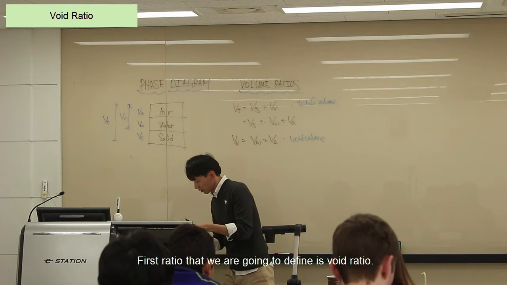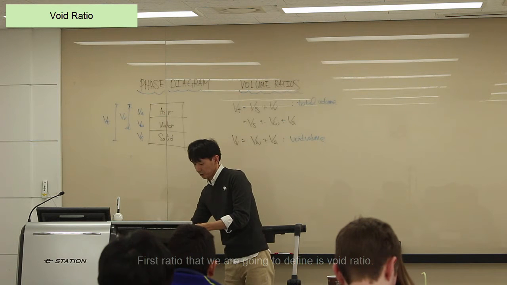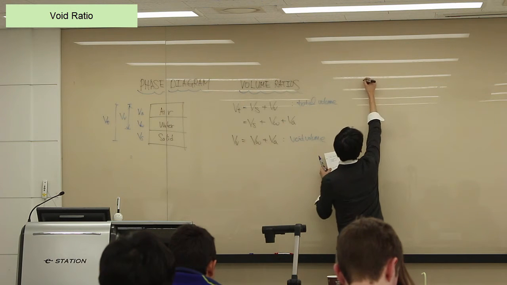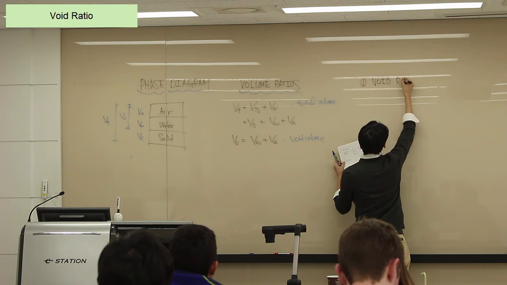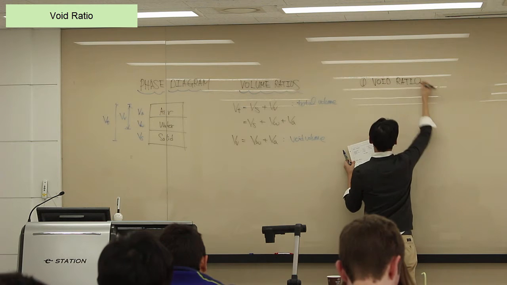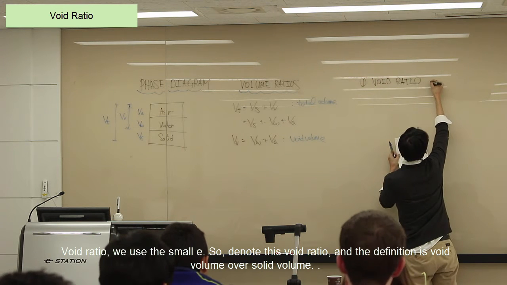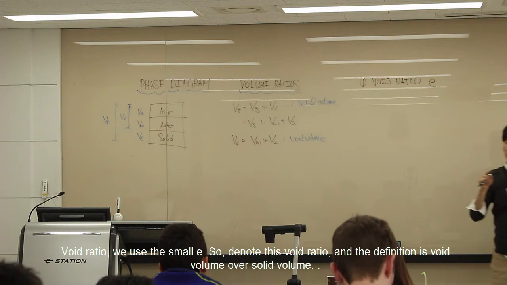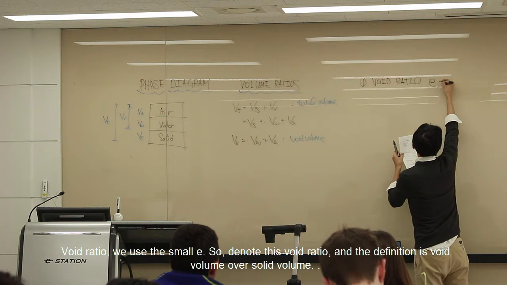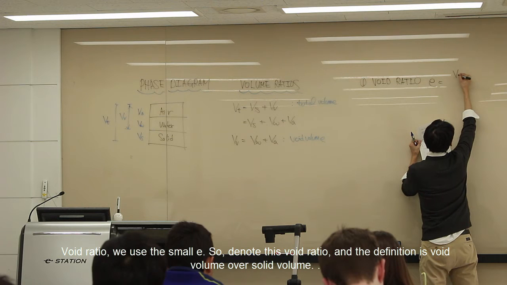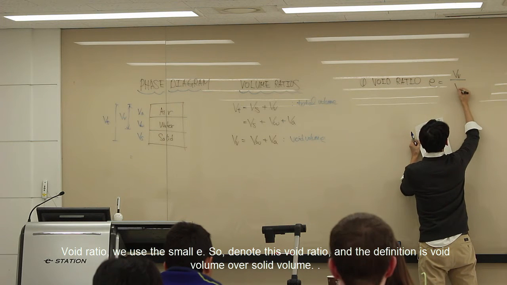First ratio that we're going to define is the void ratio. This void ratio, we use the small e to denote, and the definition is the void volume over solid volume.